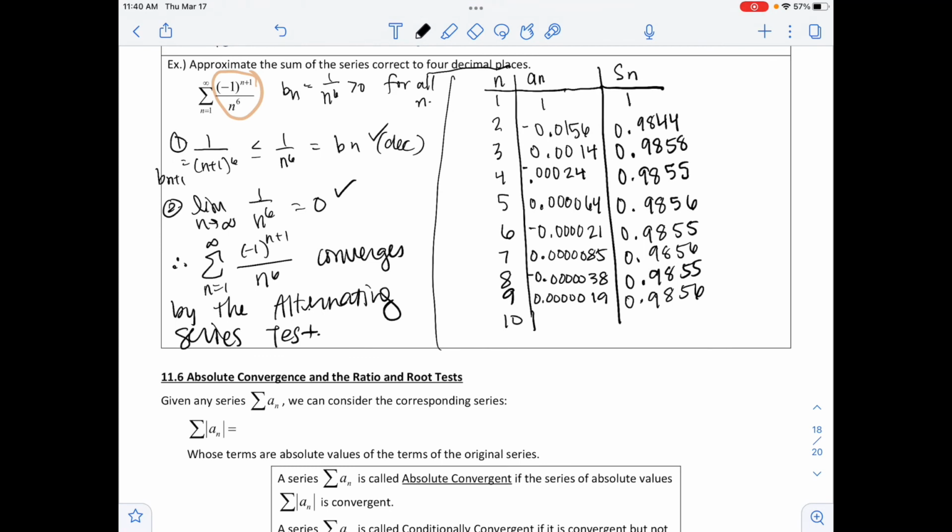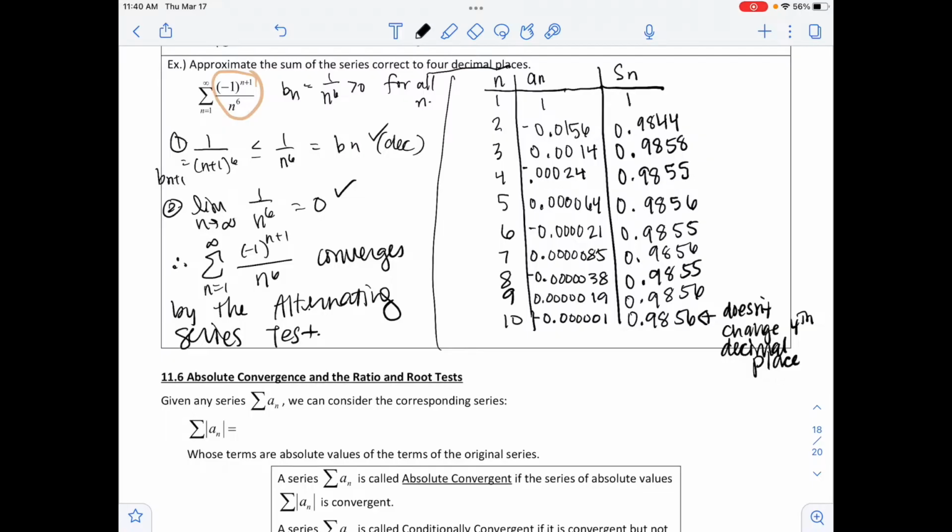The 10th term now is going to be negative 0.000001, and adding this term in to our sum, we get 0.9856, and so this doesn't change the 4th decimal place. We finally found it.